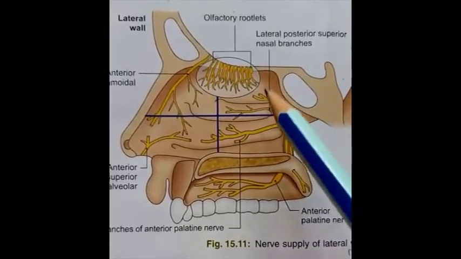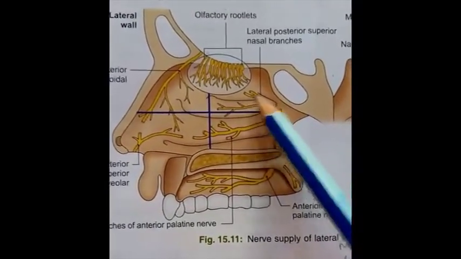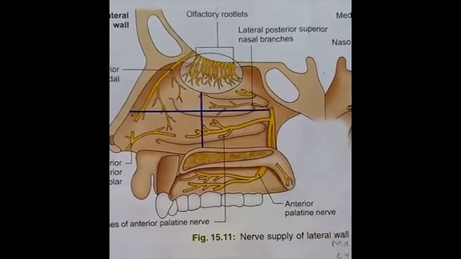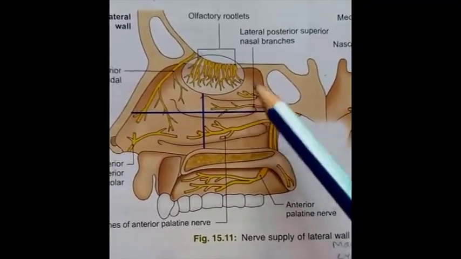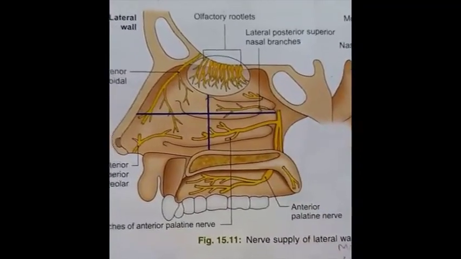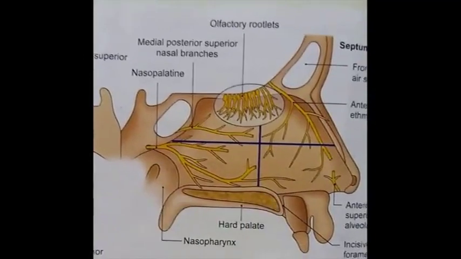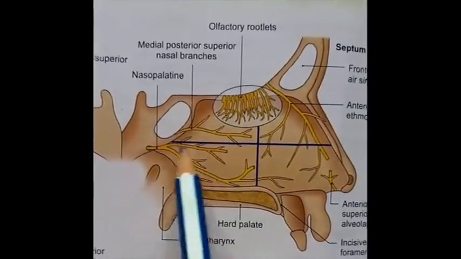The first is the lateral posterior superior nasal branches, which are about 5 or 6 in number. These supply the posterior part of the superior and middle nasal conchae. Then the medial posterior superior nasal branches, which are about 2 or 3 in number.